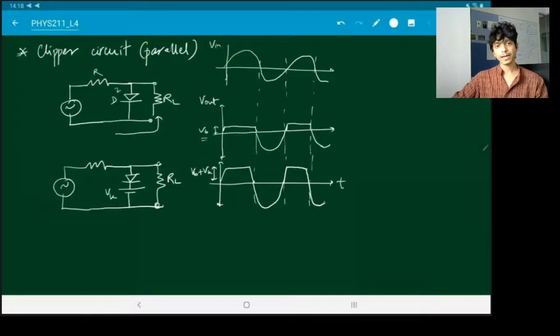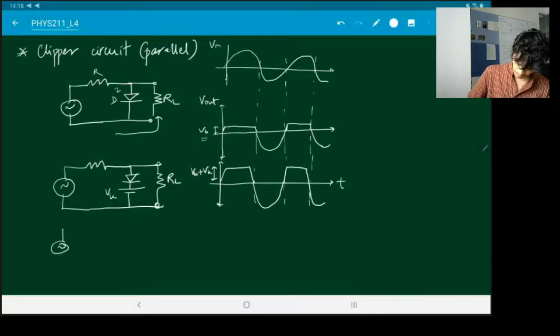And what if I want it to be clipped during both positive and negative half cycles? Well, that can be achieved as well. What if we do something like this? Maybe I should put a resistance here.